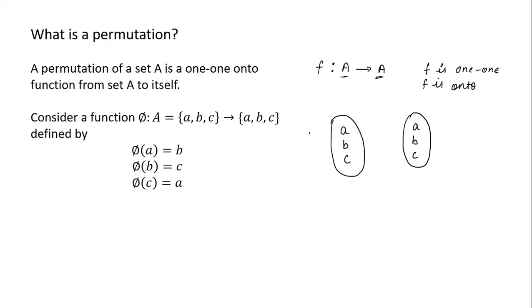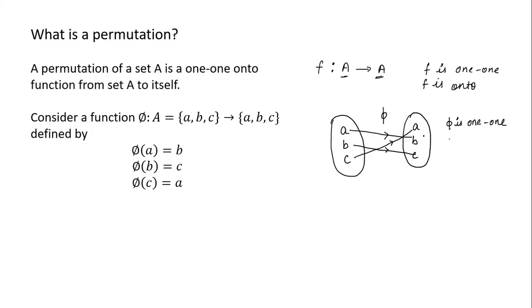And now phi of A is equal to B. So phi is mapping A to B, B to C, and C to A. This is how phi is mapping the elements of A to itself. You can clearly see that distinct elements have distinct images, so phi is 1-1.